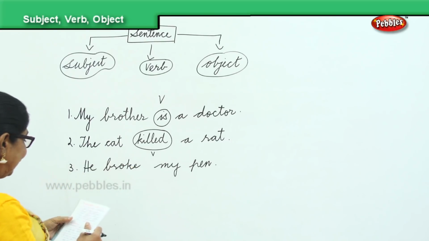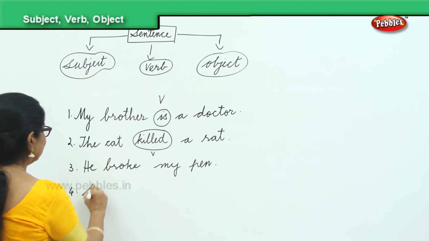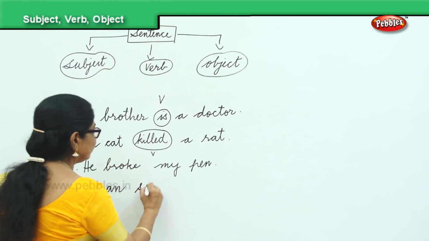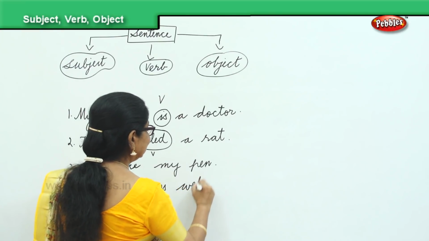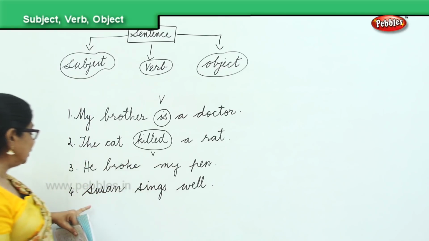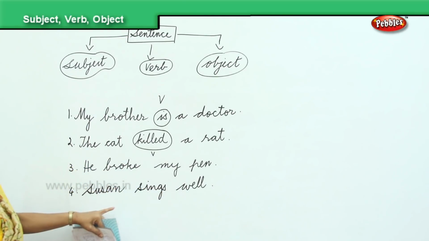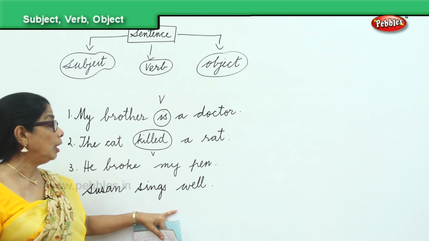Now you can say: Susan sings well. It begins with the capital letter, ends with the full stop. Susan is the subject. Where is the verb? Sings is the verb.